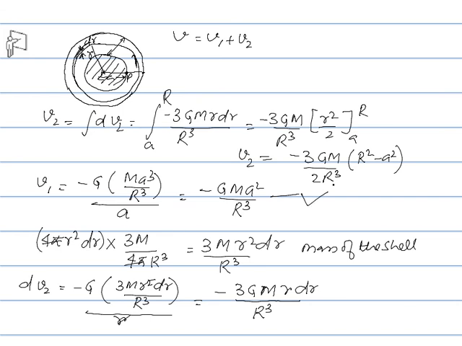Now we got V1 here, this is the value of V2. Now if we put the values of V1 and V2 here, we get V equal to, V1 is minus G m a square by r cube, plus V2 is minus 3 G m, this is G m by 2 r cube, r square minus a square.